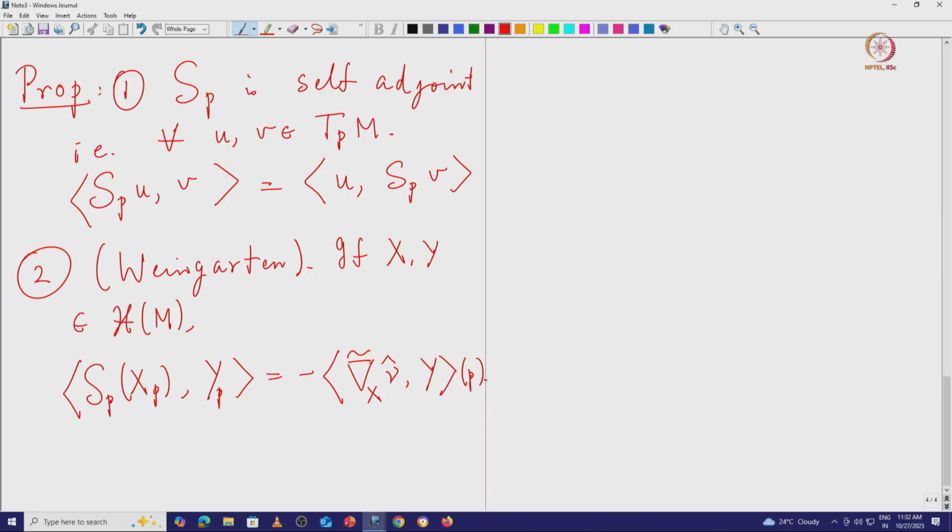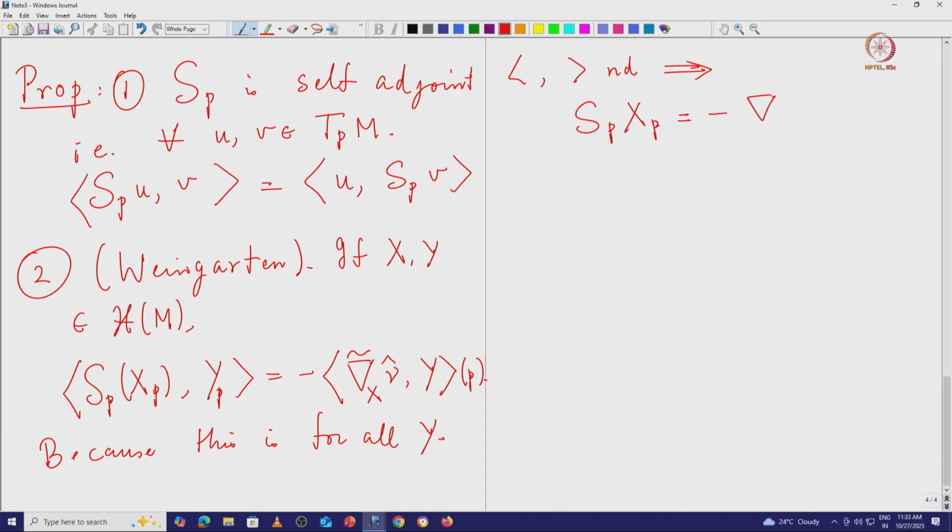But now because this happens for all y, by the fact that this is non-degenerate, this implies that I actually have an explicit formula for the shape operator. So this is simply given by this.